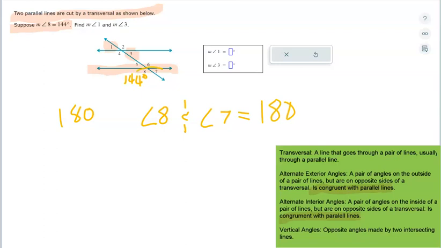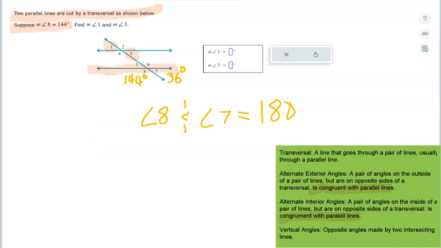So I know that this together equals 180. So all I have to do is take 180 and subtract 144. That gets me 36. So I know angle 7 is 36 degrees. And this is actually going to help me solve the rest of these.